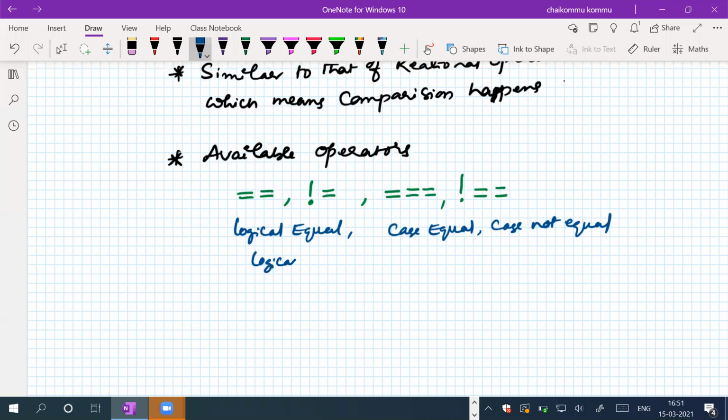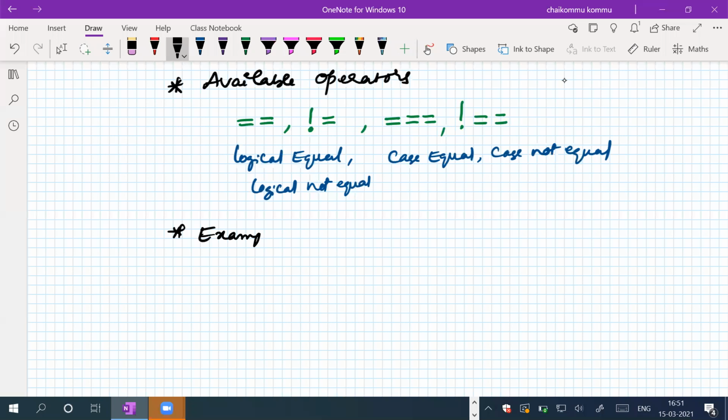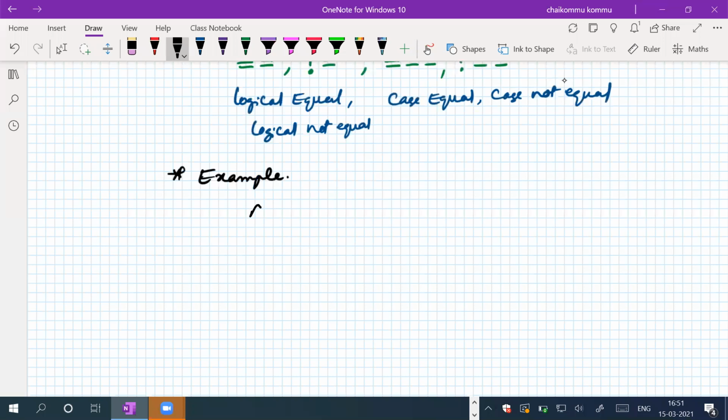Okay, so this can be understood very easily with the help of an example. For example, consider A is equal to 4 and B is equal to 3. Suppose X is equal to 4 bit of 1010 and Y equal to 4 bit of 1101 and Z is equal to 4 bit of 1xxx.